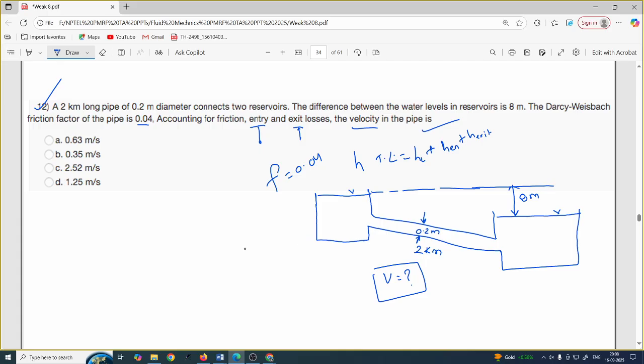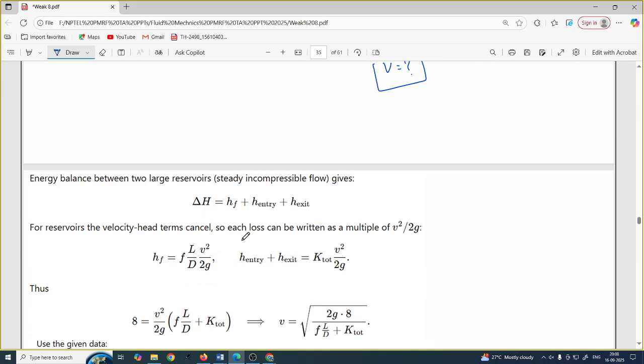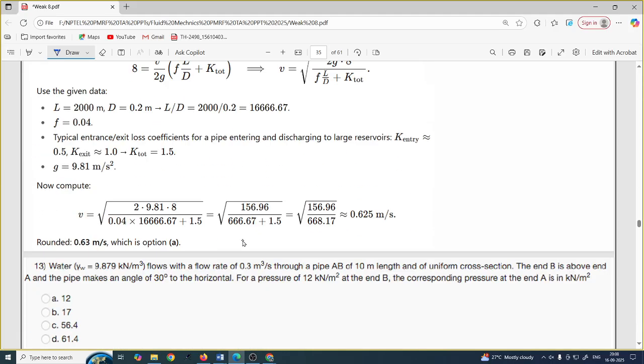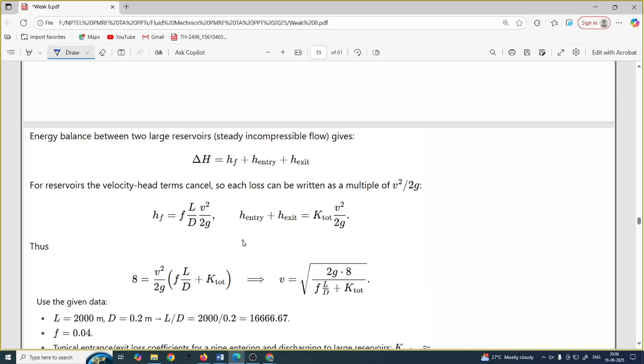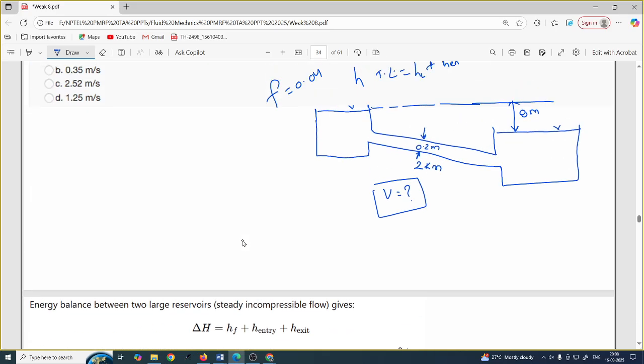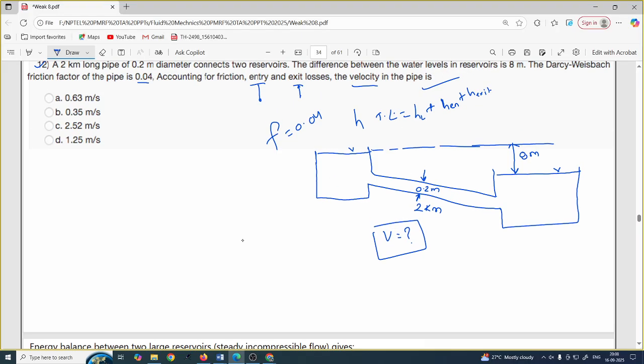So how will you proceed? Here is the final calculation I have. Actually we will do the energy balance. Energy balance means the head difference is equal to the total head loss.